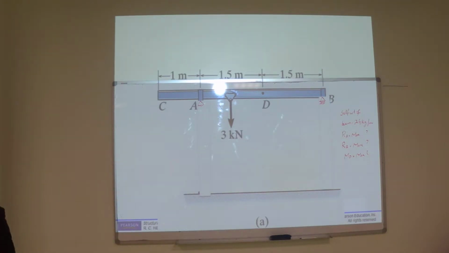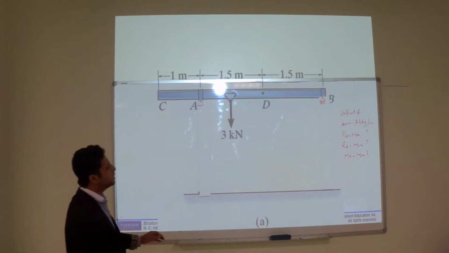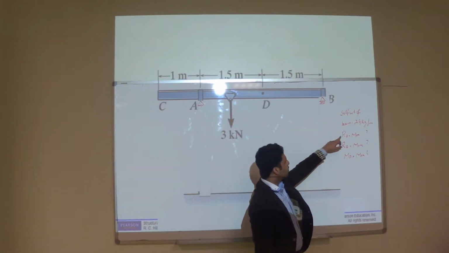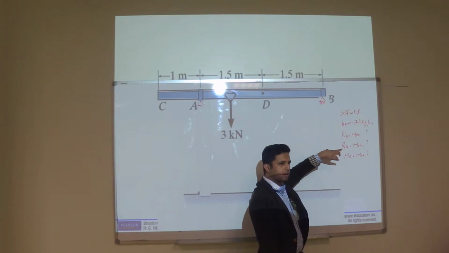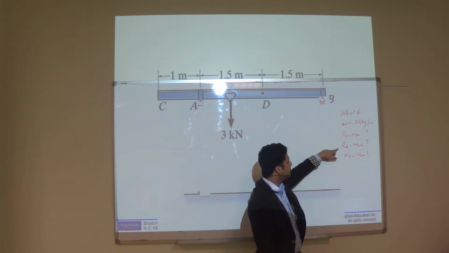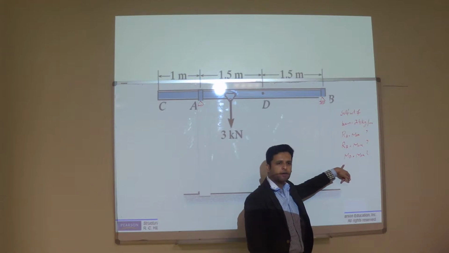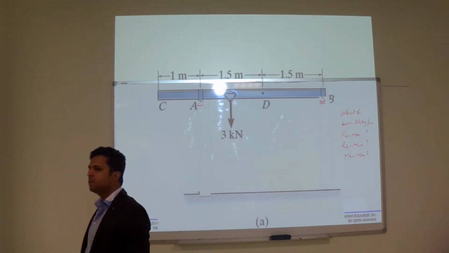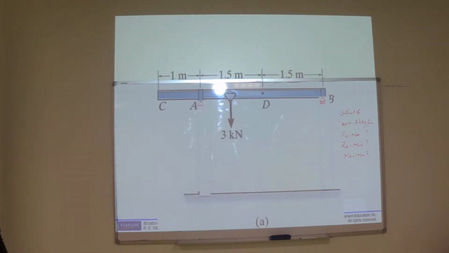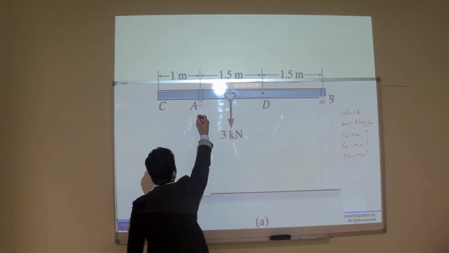But before that, we must have the influence line diagram for all these three things. So first step, we have to draw the influence line diagram for RA, the influence line diagram for RB and the influence line diagram for the moment at D. The influence line diagram will be drawn for unit load. So let's draw it.